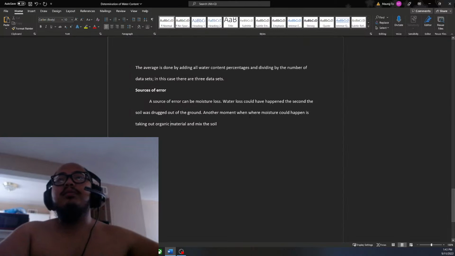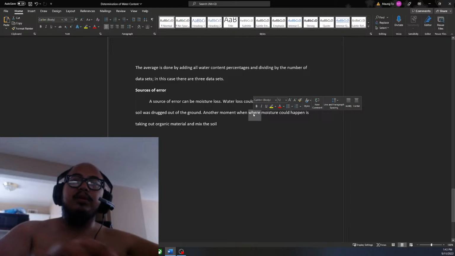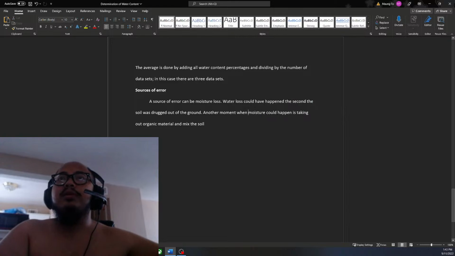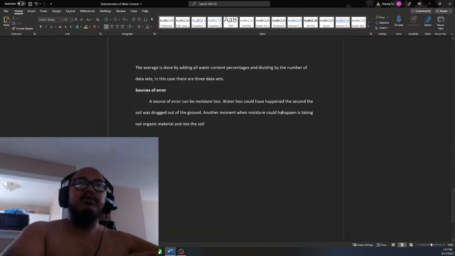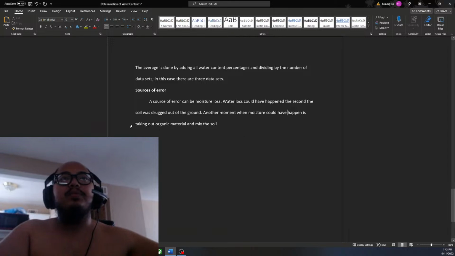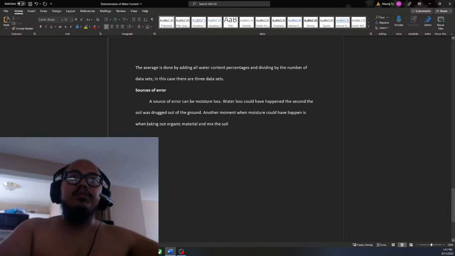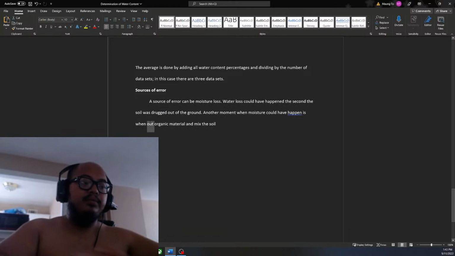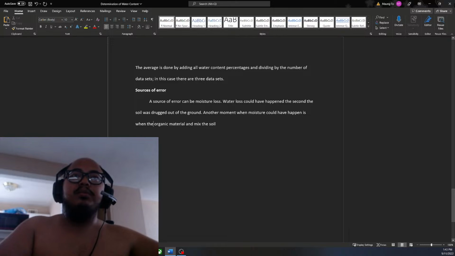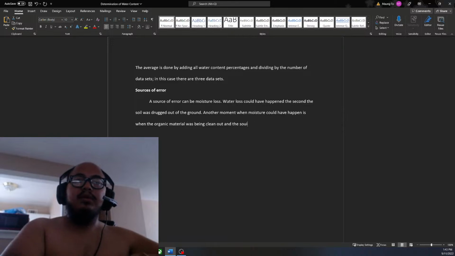Another moment when moisture loss could have happened is when the organic matter and material was being cleaned out and the soil was being mixed.